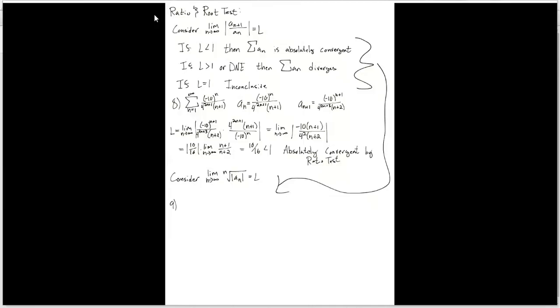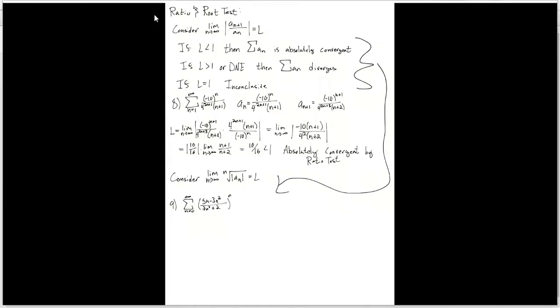We have another sum here. We want to find out if it is absolutely convergent or not. The sum from n equals 0 to infinity of (5n minus 3n squared) over (7n cubed plus 2), and this is to the nth power.